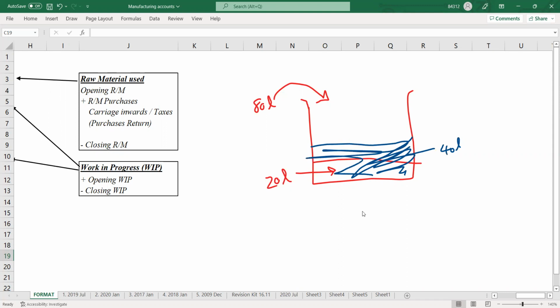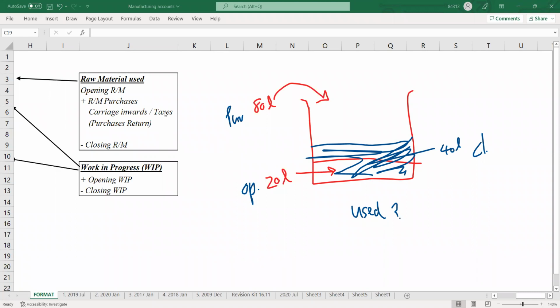Can you all tell me how much is used? You had opening 20, then purchased 80, and the closing stock 40. How do you calculate? 20 plus 80 is 100. Out of 100, closing is 40. That means you have used 60.